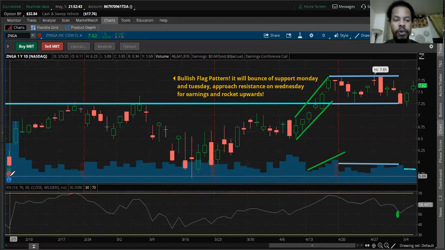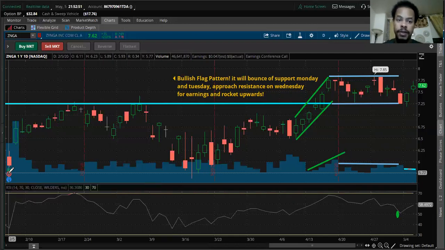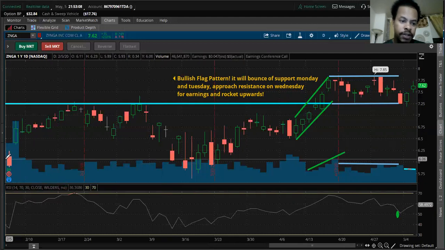And when companies report earnings, that creates a situation where you're going to have extremes, and by extremes, I mean that the price is going to move either up or down in an extreme way. Sometimes it stays the same, but for the most part, you have an extreme action happening around that time. And if we look here, this is the extreme.